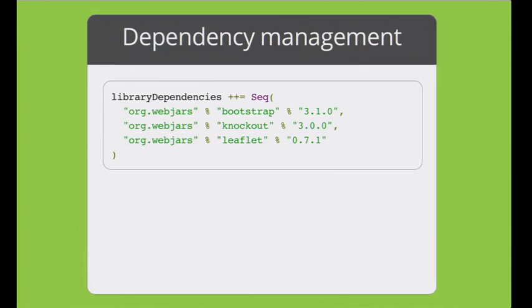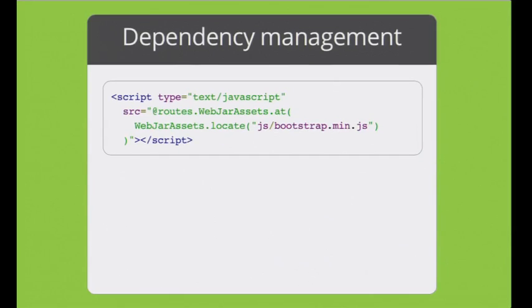And then those dependencies are downloaded just like normal jar artifacts. But when I want to include them, so let's say I want to include the Bootstrap file, then I can add this into my HTML. And you can see here I've got two calls. This is Play Scala template syntax.